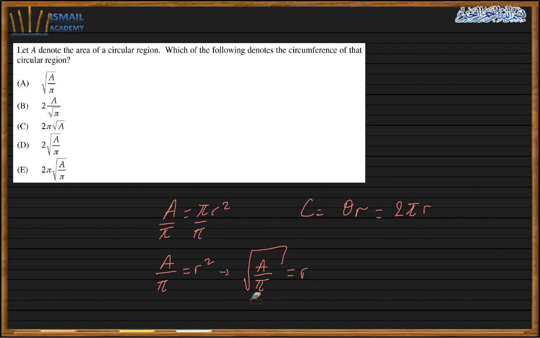I substitute r by this, so then C will be 2 pi times the square root of A over pi. So here it is, the answer is E. I thought they wanted to look for the idea of how I come up with this. All right, next.